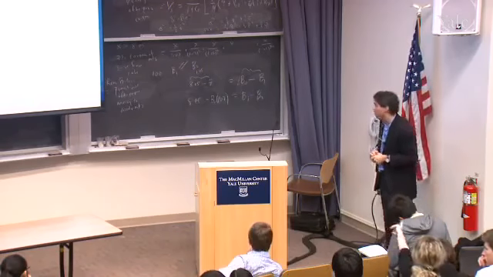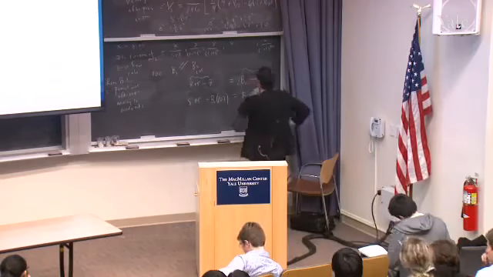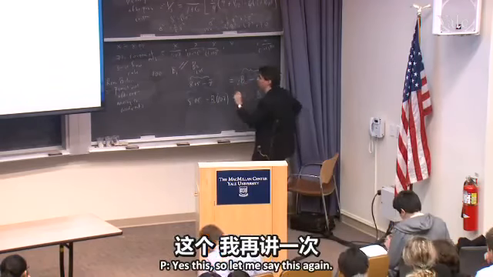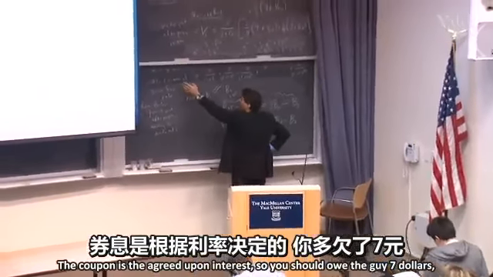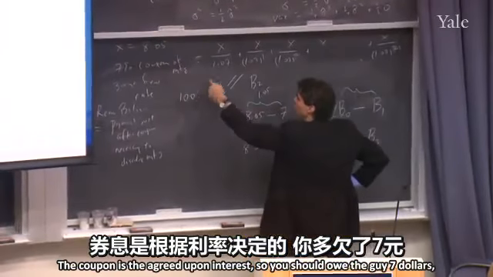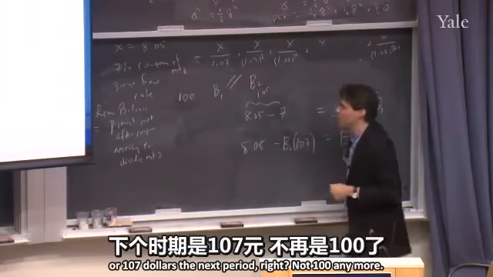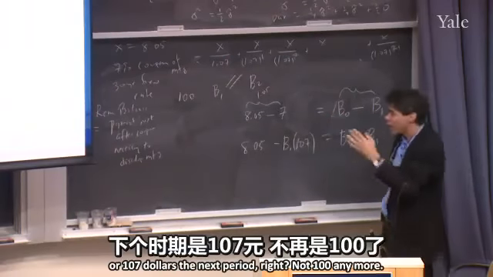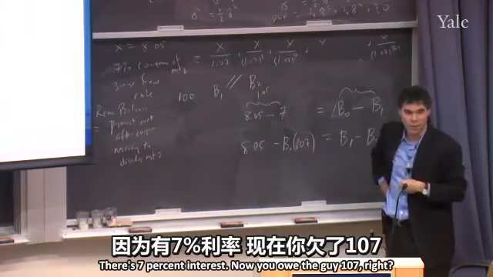Why don't we? Because we're subtracting B1 from B0. On the right hand side, yes, this. Okay, let me say this again. You borrowed 100. The coupon is the agreed upon interest, so you should owe the guy $107 the next period, right? Not 100 anymore. There's 7% interest. Now you owe the guy 107, right?